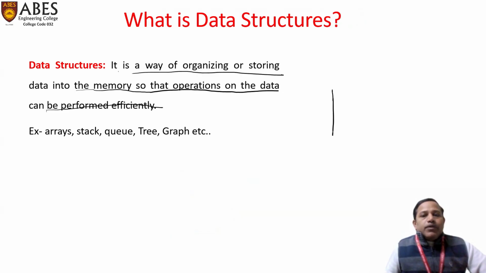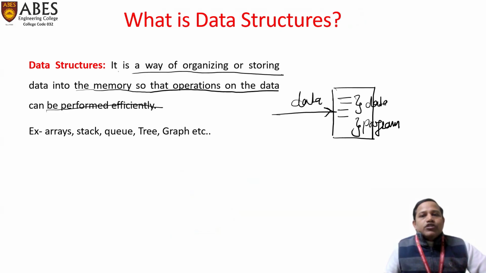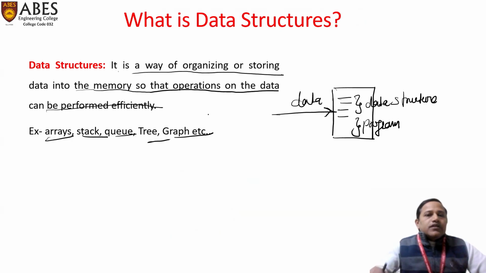Means in main memory, when we provide input in the form of data, that data can be organized with the help of some program, and that organized data is called data structure. For example, array, stack, queue, tree, graph, etc.